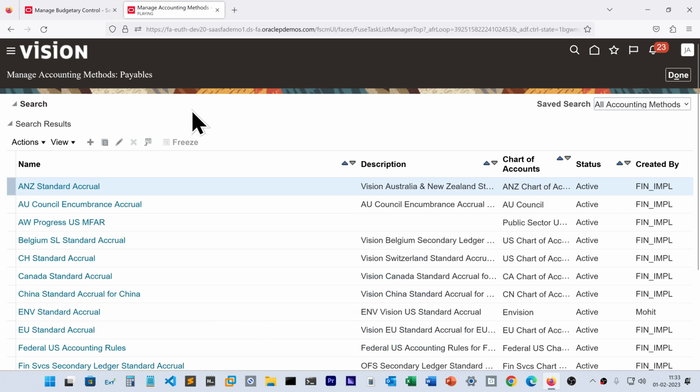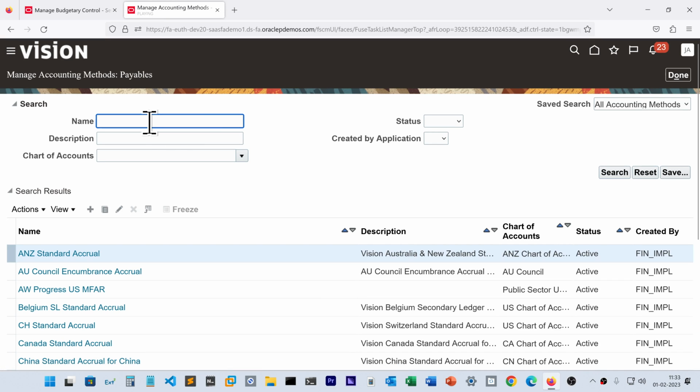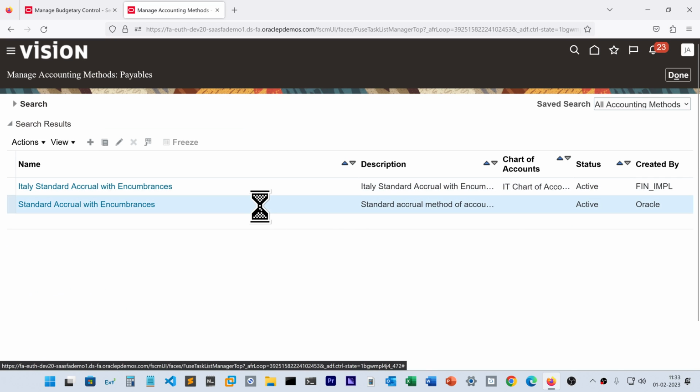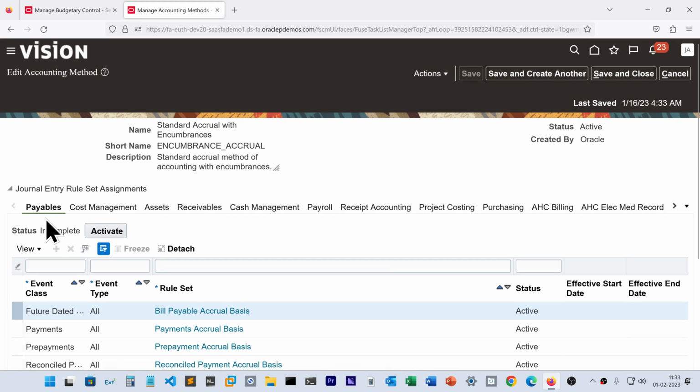Open it, search for standard accrual with encumbrance, this one, and edit. Note that the currently selected tab is payables. There are other two tabs like receipt accounting and cost management.